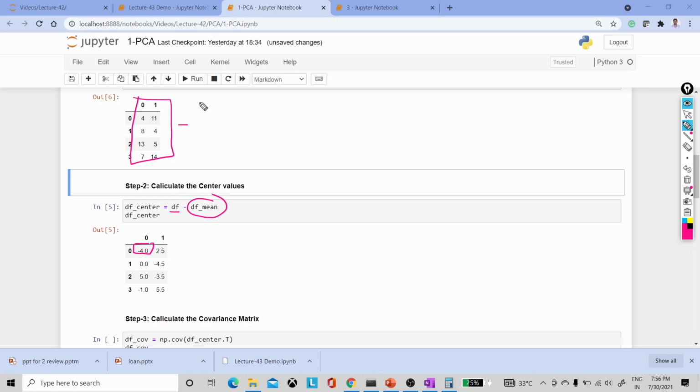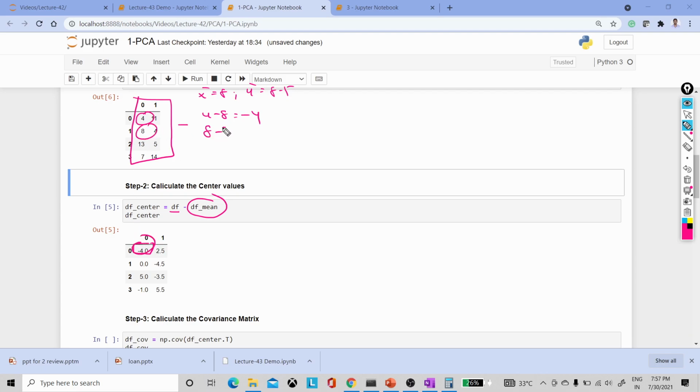So x mean is equal to 8 and y mean is equal to 8.5. So 4 minus 8, that is nothing but the minus 4, this value.